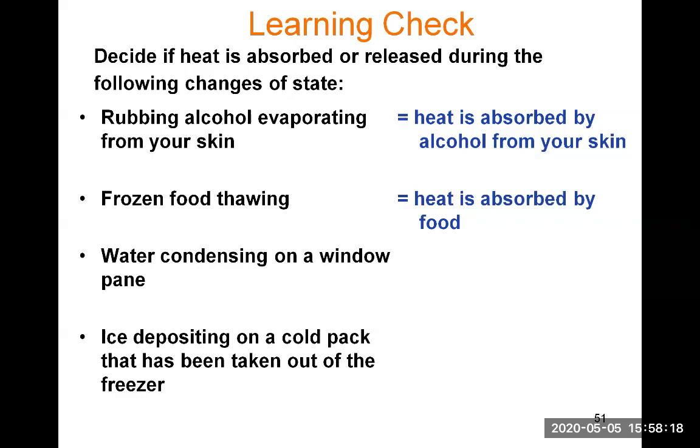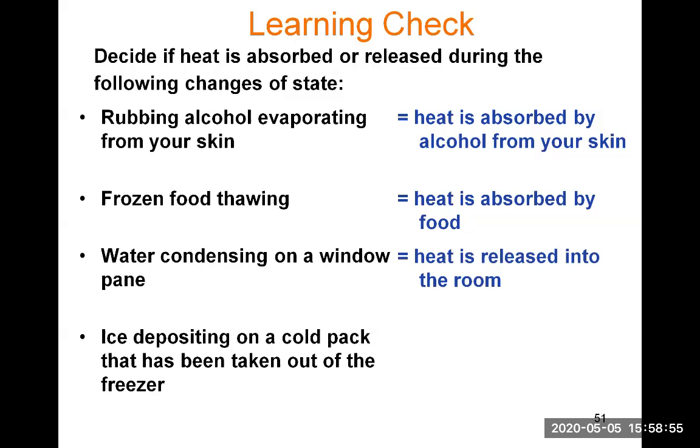Condensation means you go from a gas phase to a liquid phase, and this is an exothermic process. Heat is released into the room because when you have some water vapor in the room, and the windows are cold, when the water vapor is close to a window, it gets cooled down and condenses into tiny droplets of liquid water.